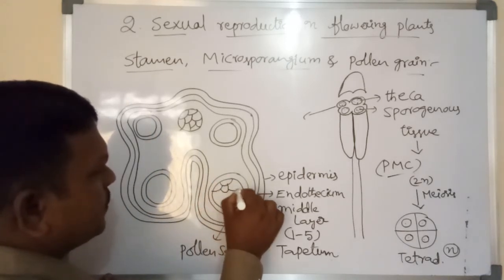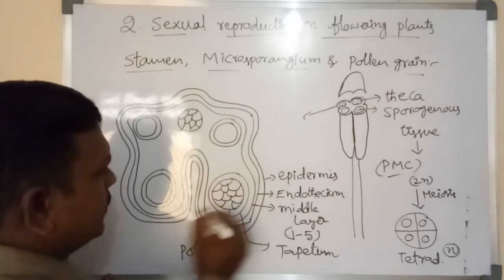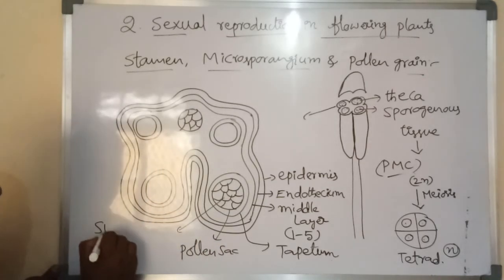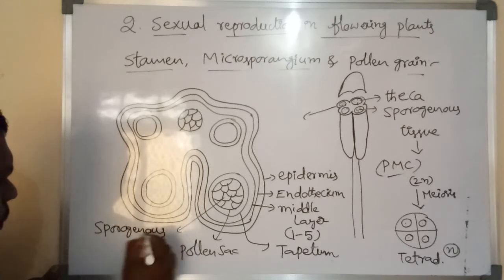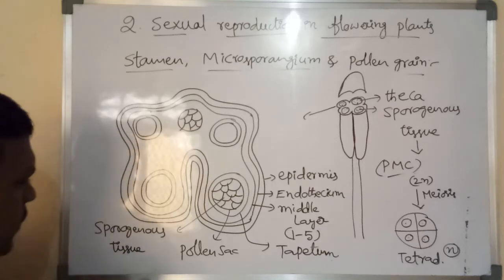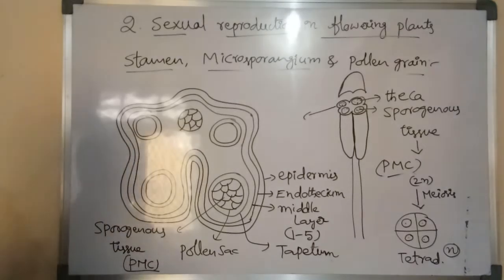Pollen sac is filled with the sporogenous tissue. And sporogenous tissue is made up of PMC, pollen mother cells, etc.